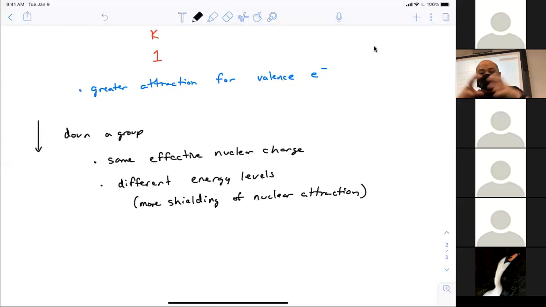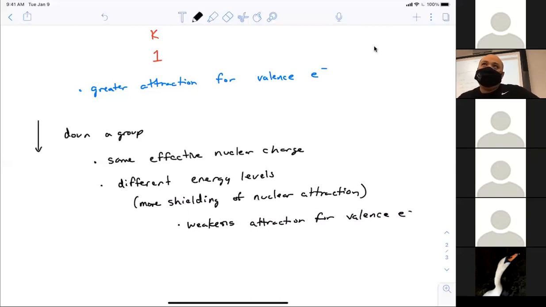So every time you add another inner layer, it reduces the strength of the pull of the protons on the valence electrons, okay? Which then weakens the attraction for valence electrons.